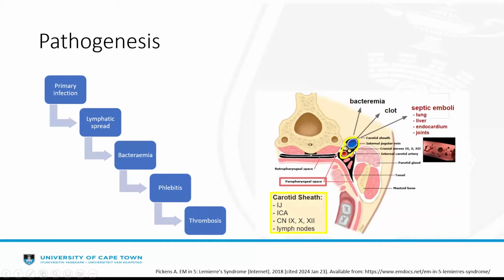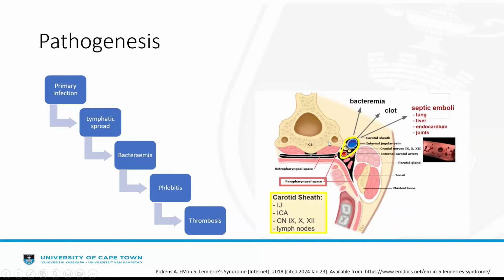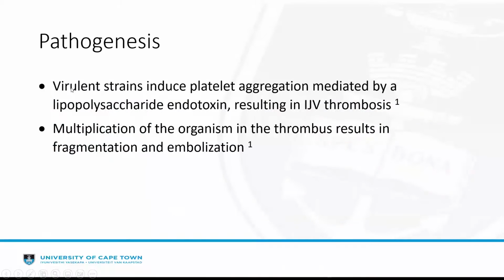Because of the location of the thrombosis, you can often have involvement of the lower cranial nerves as well, and infection can spread up to involve the base of skull meninges with brain infarcts as well.